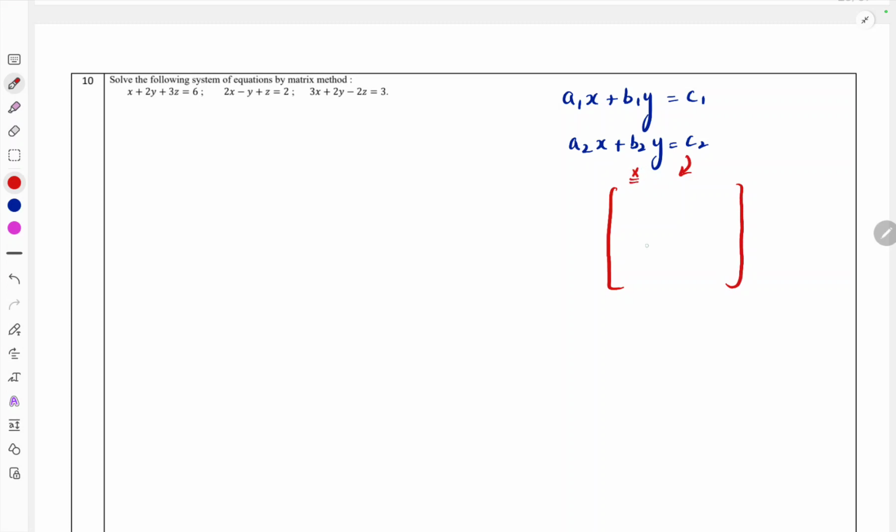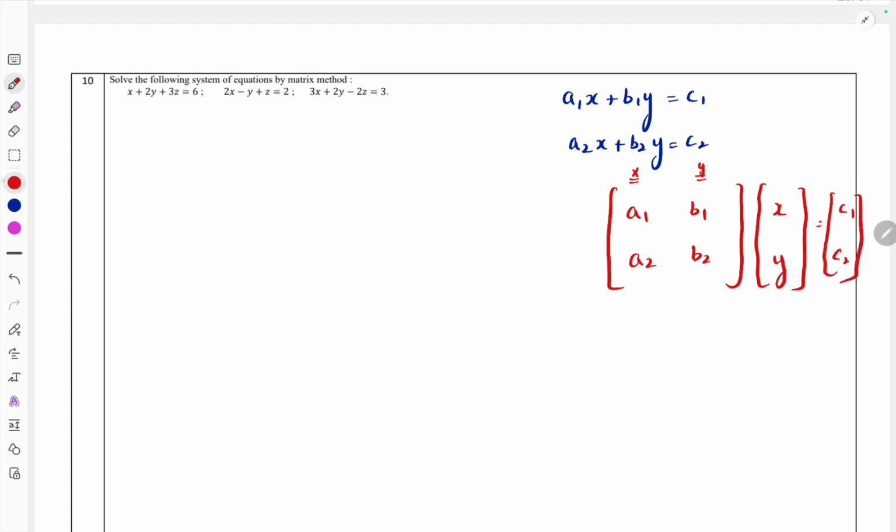If I'm writing the coefficient of x in the first column, I have to write x in the first row here. And in the second column I'm going to write the coefficient of y, which means in the second row I have to write y. So what is the coefficient of x? a1, a2, and here it is b1, b2 equal to c1, c2.